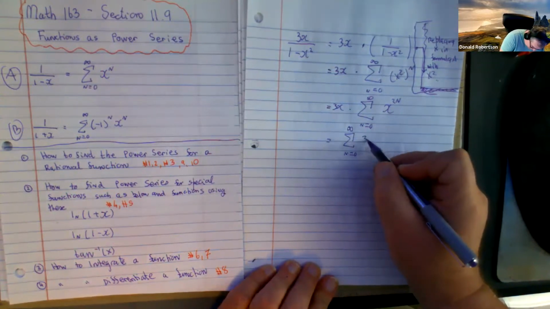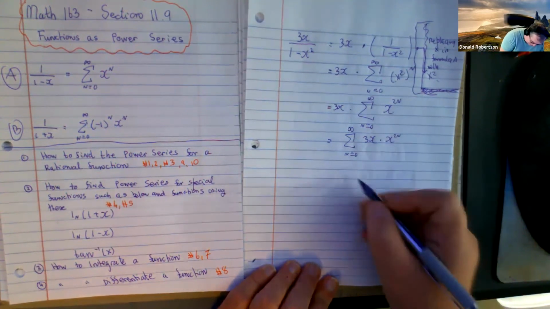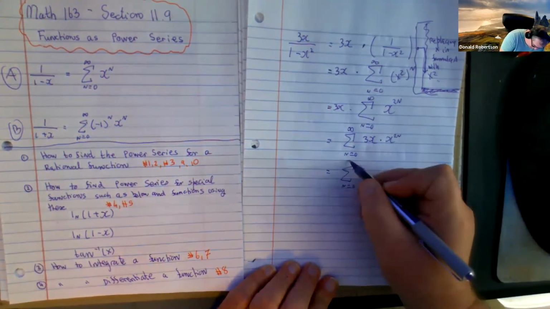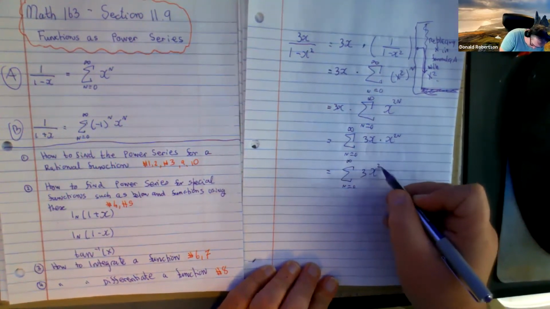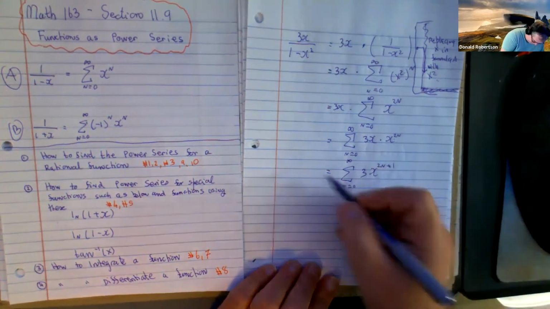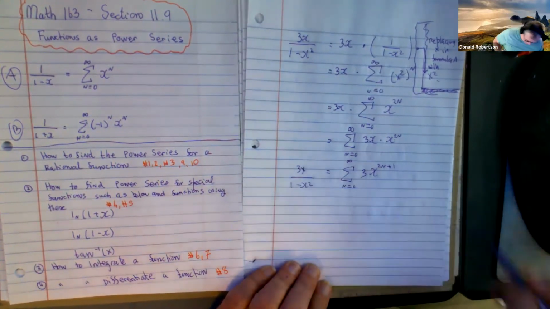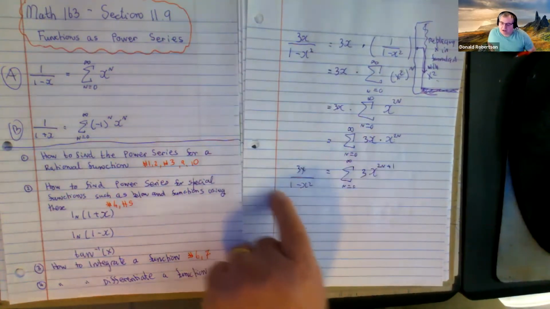If you bring this inside, which you're allowed to do, you get that. Again, I'm probably putting in more lines than you need. You get this, and this combines to 2n plus 1. And that's us finished. The power series for this fraction is that.